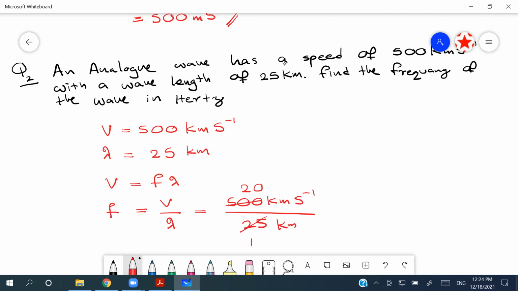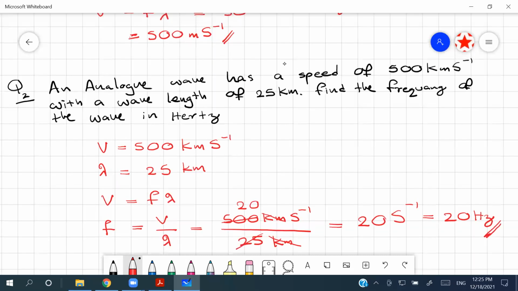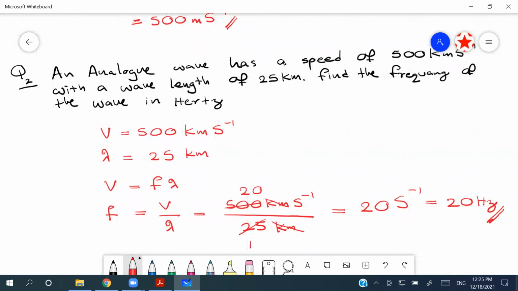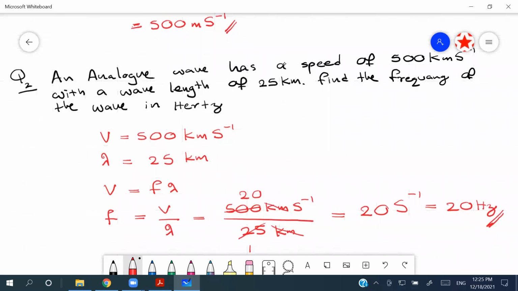And you can cancel the units as well, people, like kilometers per kilometers. So you are left with 20 per second. That means 20 hertz. Okay, is that clear, everyone? If you got any mistakes, please go through and do the corrections. Then I'm going to give you the third one.